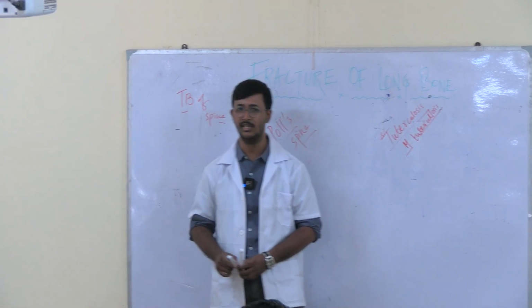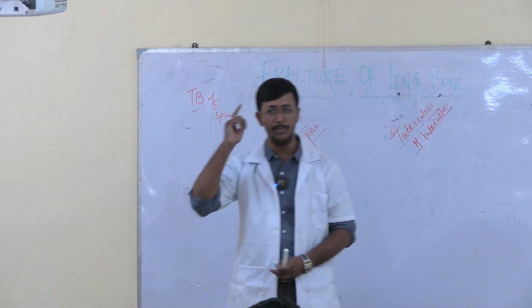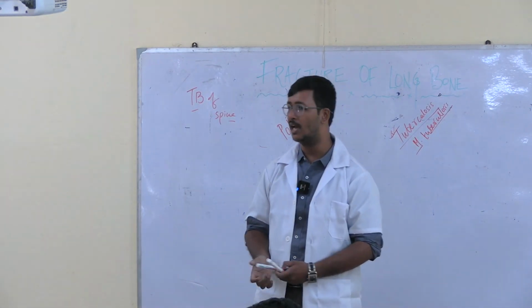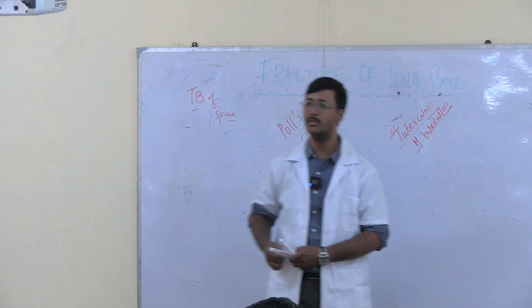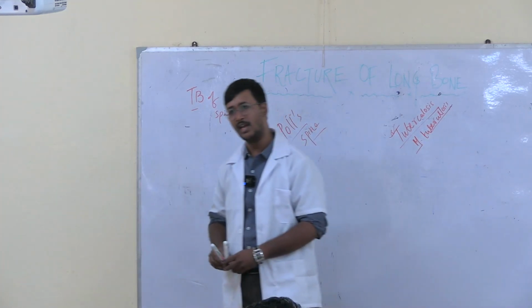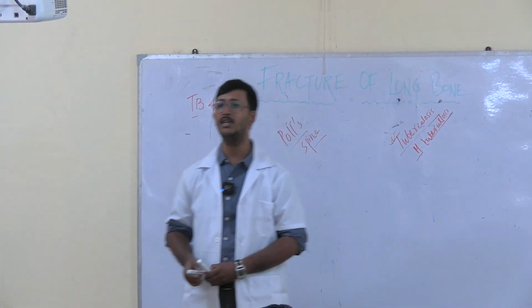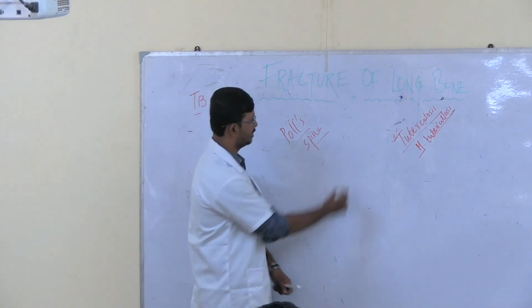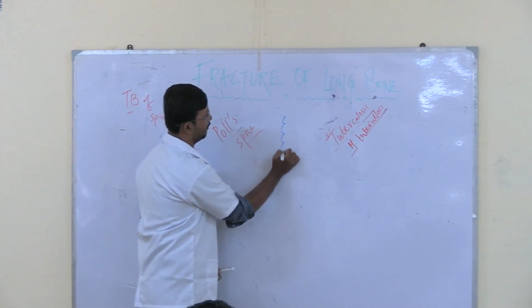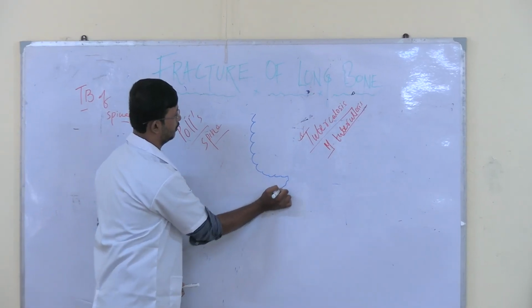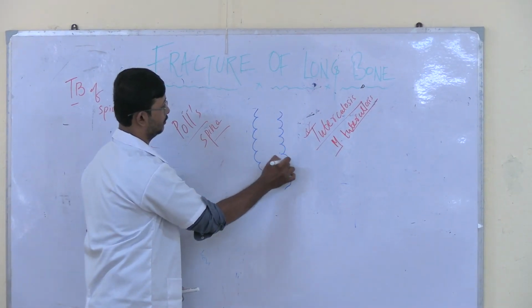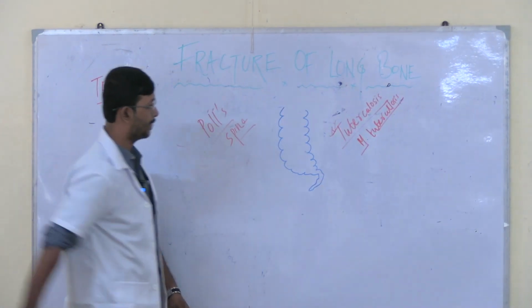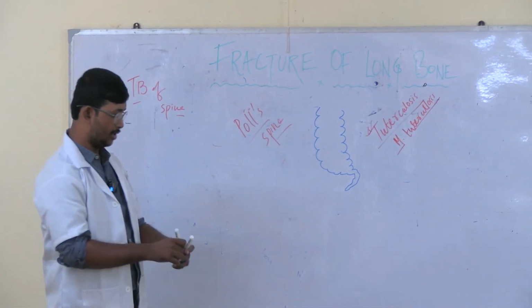TB is such a dangerous disease. TB can affect your brain. TB can affect obviously the lungs, and the ileum, you know. In the ileum we generally see TB like this. Suppose this is the ileum, just the ileum portion.